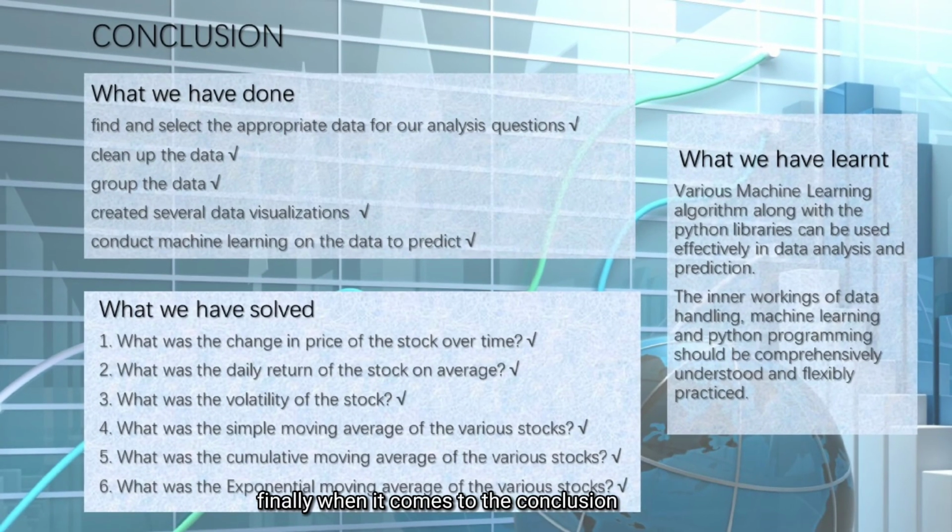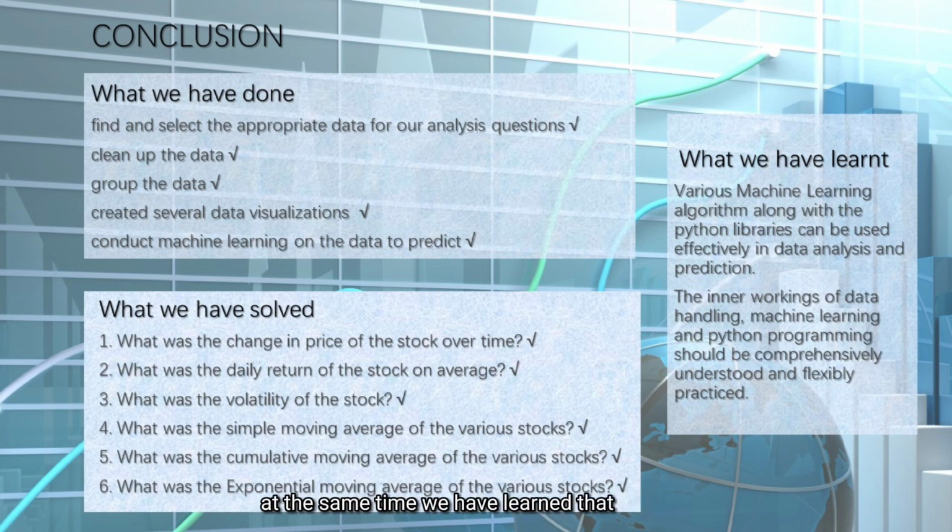Finally, when it comes to the conclusion, we have already done the following parts. First, find and select the appropriate data for our analysis questions. Second, clean up the data. Third, group the data. Fourth, create several data visualizations. Fifth, conduct machine learning on data to predict. And we have already solved all the research questions in our project.